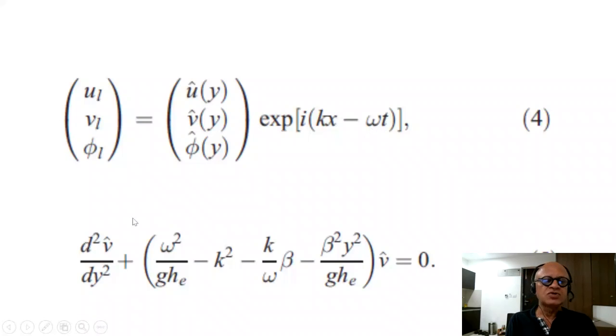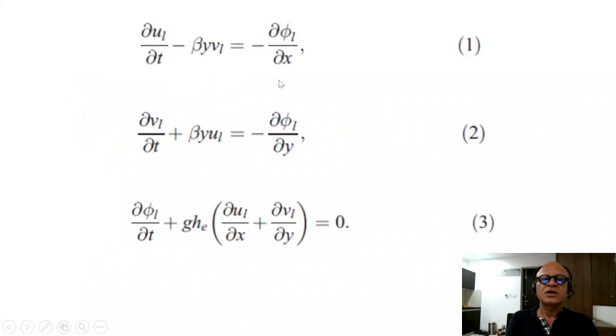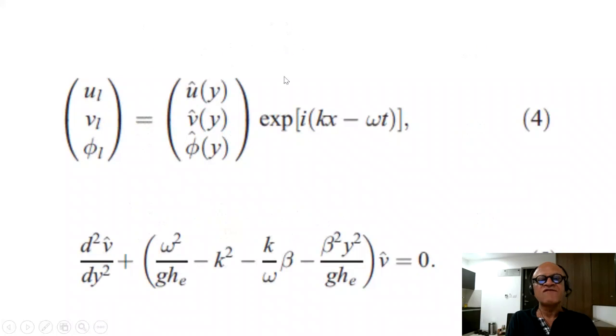So then the equations, when substituted with these waveforms, reduce to this oscillator equation: d squared v dy squared plus this constant here, which is a function of frequency and zonal wave number. So this relates the frequency to the zonal wave number, times v, the meridional velocity, equal to 0.